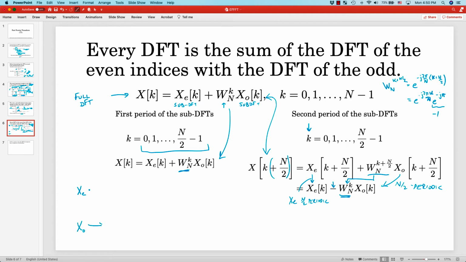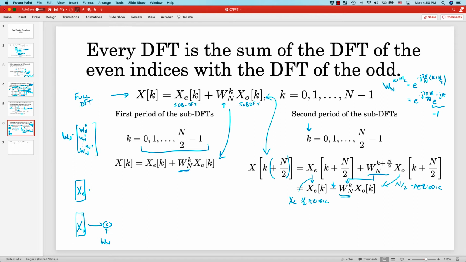So if we take big X sub o and we multiply it by this multiplicative factor, W sub N. So remember, these are vectors. You can think of them as column vectors because they are valid for a bunch of these different k's. And W of N is going to be the column vector of W_N^0, W_N^1, all the way up to W_N^(N/2 minus 1).